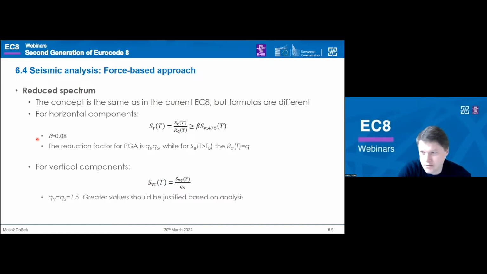The difference is that the ground motion parameter is not anymore the PGA. The reduction factor QR is period dependent, as already discussed and nicely presented in the figure by Professor Labbé. So basically very similar to what is currently in the code.